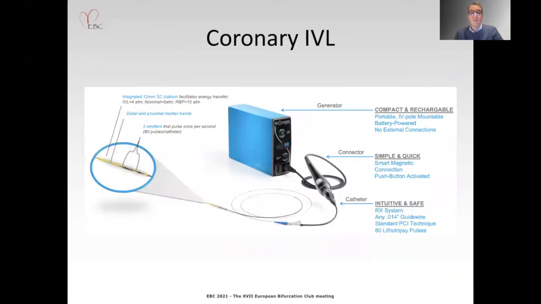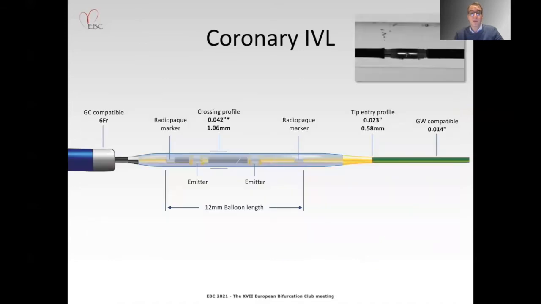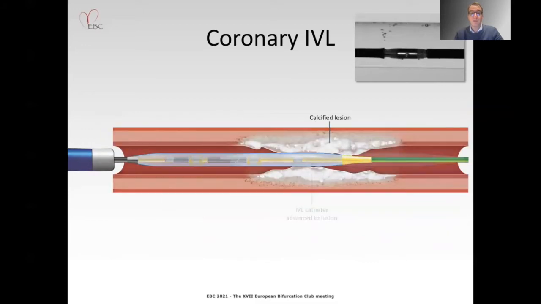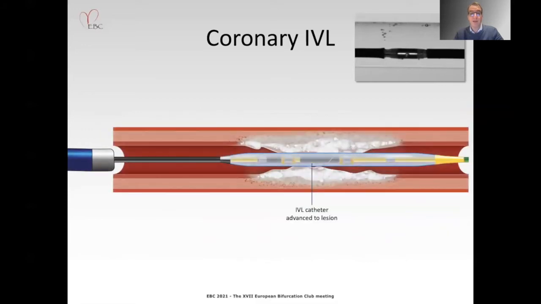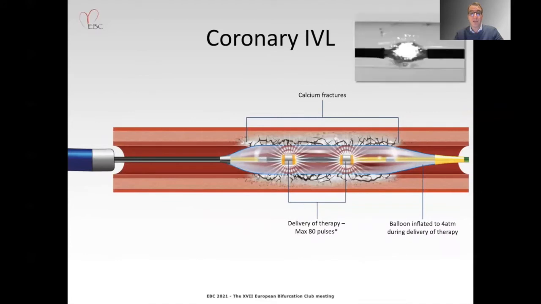Intravascular lithotripsy comes with a balloon catheter and a generator. The generator produces energy which is applied by the emitters in the balloon catheter. A small electrical discharge at the emitters vaporizes the fluid within the balloon to create rapidly expanding bubbles that generate sonic pressure waves and then collapse within a few microseconds.